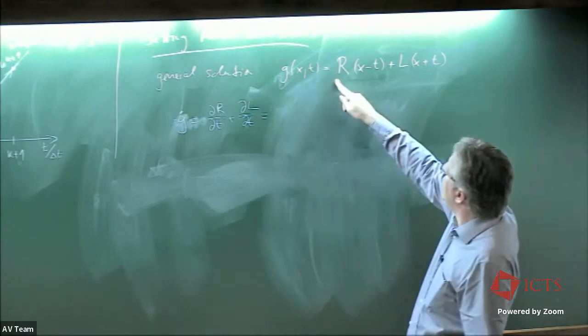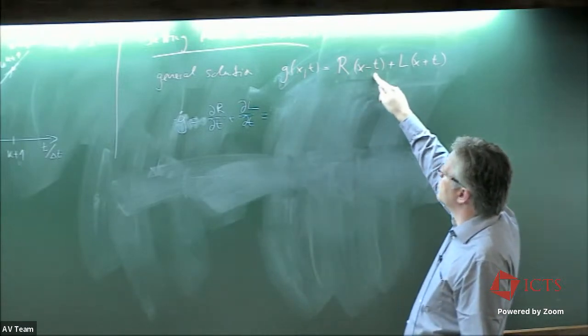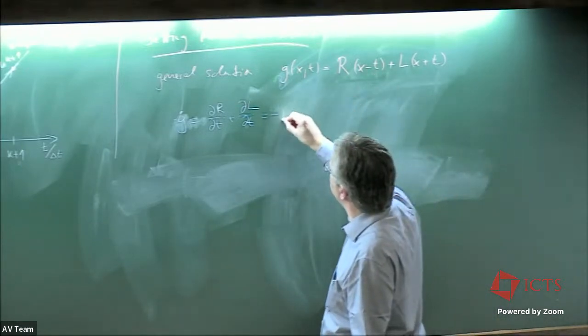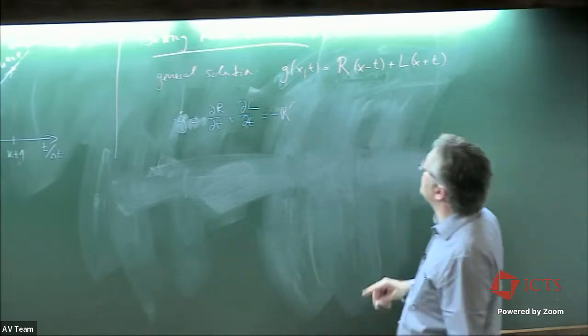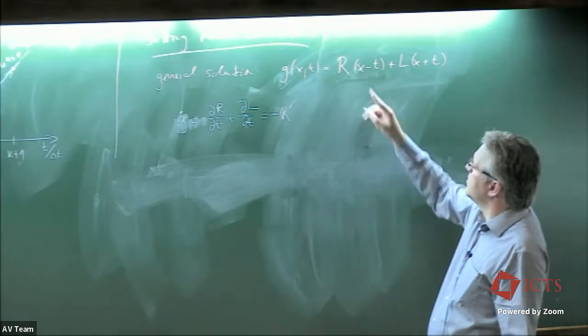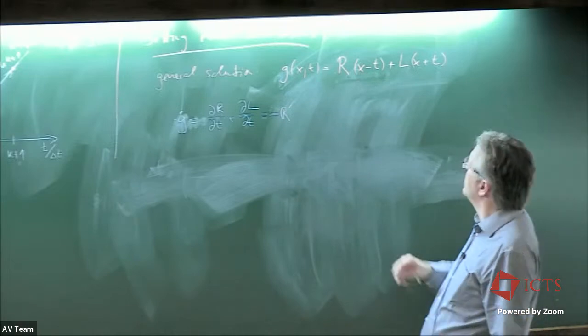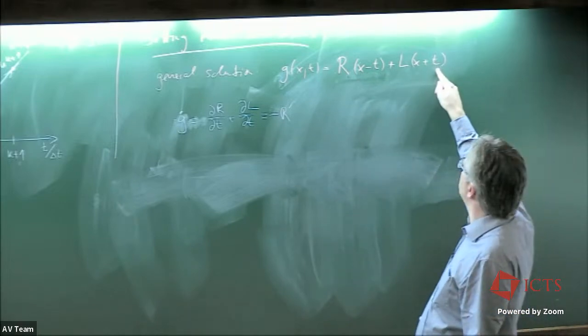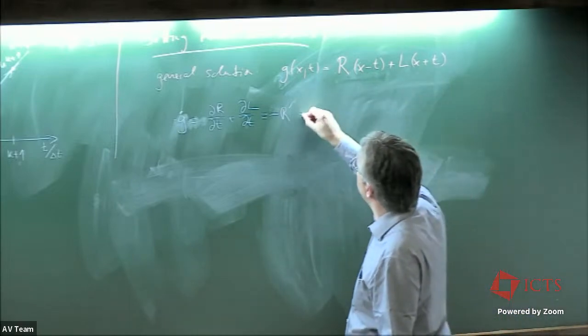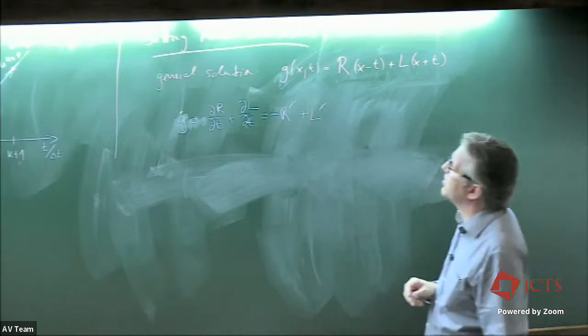And well, R is a function of x minus t internally, so this is the same as minus the derivative of R with respect to its one variable. And L, it's a plus t here, and so this is a plus L prime.